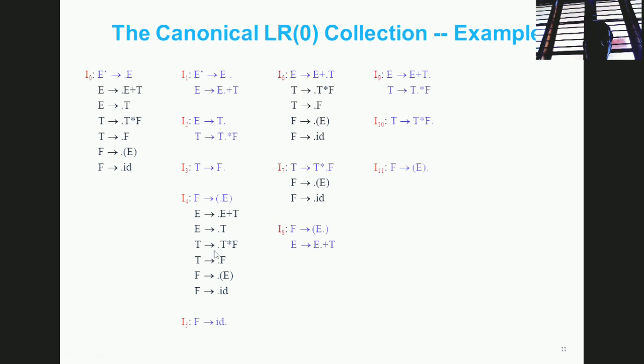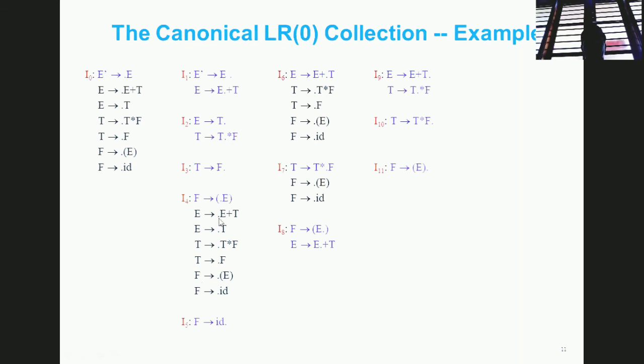It is already there. And then one more production, T tends to T dot star F. This already exists as I2. You need not create a new state once again for this, I4 on T. You can easily go from I4 on T, it goes to I2.